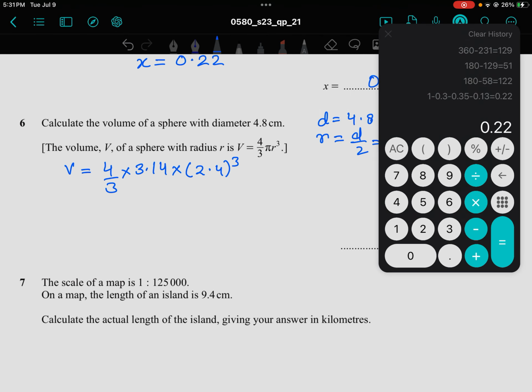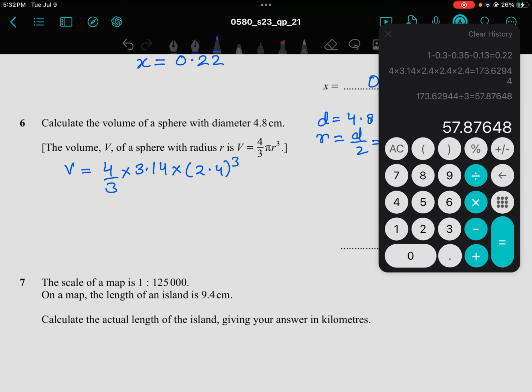So we can write here 4 into 3.14 into 2.4 into 2.4 into 2.4, which is equal to 173.62, and then this number is divided by 3 upon 3.